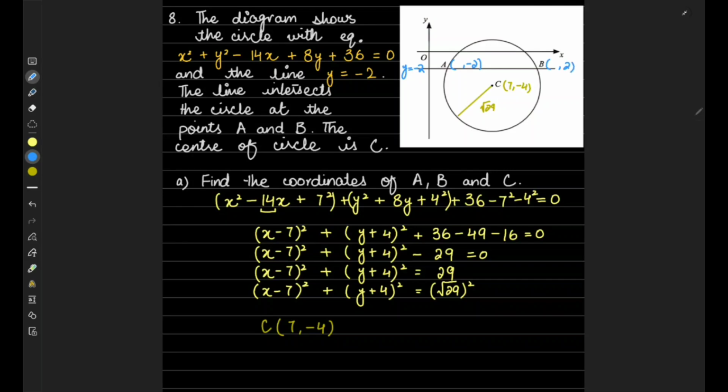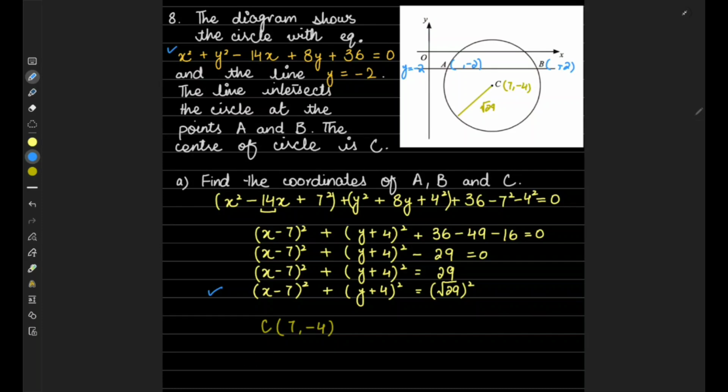If we substitute y equals minus 2 in this given equation, you can take either the original form or this completed square form of the circle equation. As A and B are the points of intersection, you will get your x coordinates for points A and B.